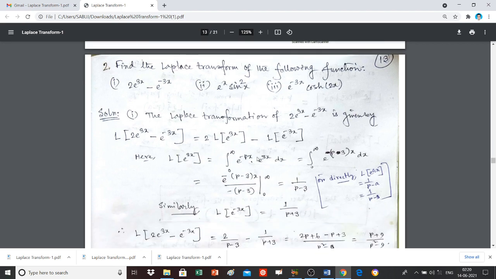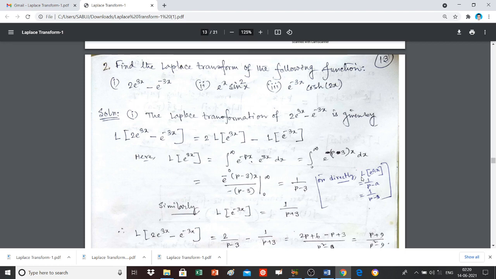L of e to the 3x: this is the usual method, carried out here step by step. Just look at it, and finally you obtain L of e to the minus 3x equal to 1 by p plus 3. Or you can directly write it, since you know that the Laplace transform of e to the power ax is equal to 1 by p minus a. So in this case a is equal to 3, so that will give you 1 by p minus 3.